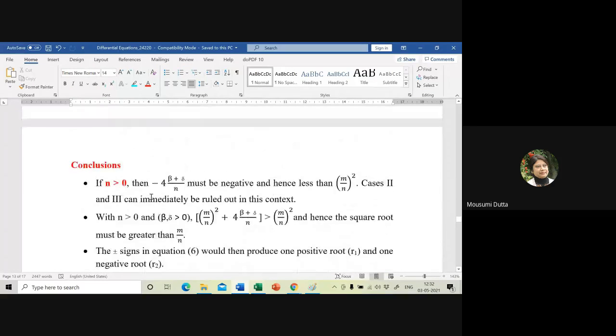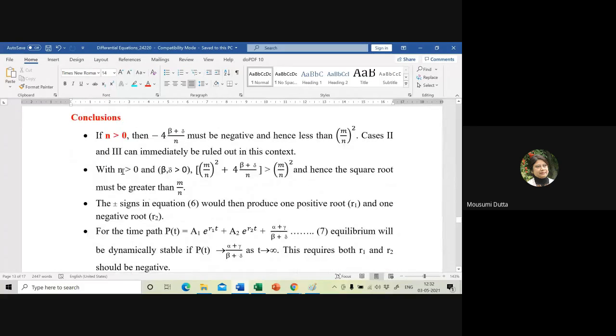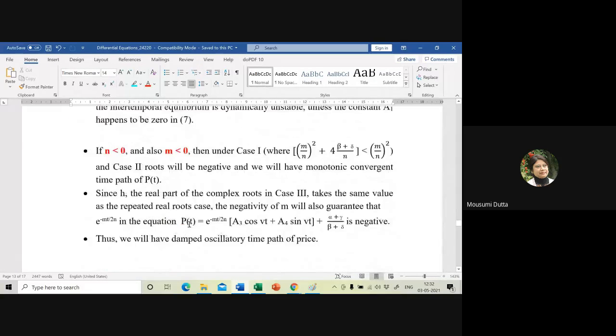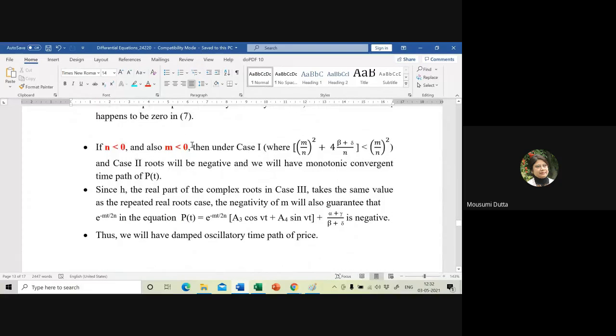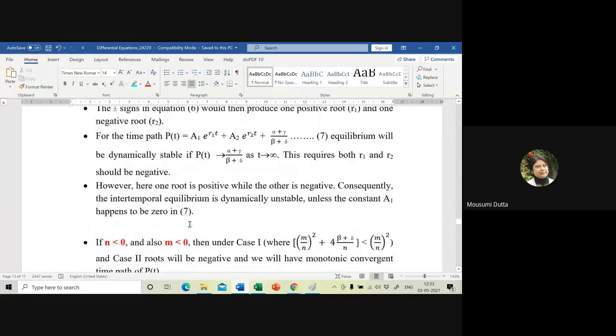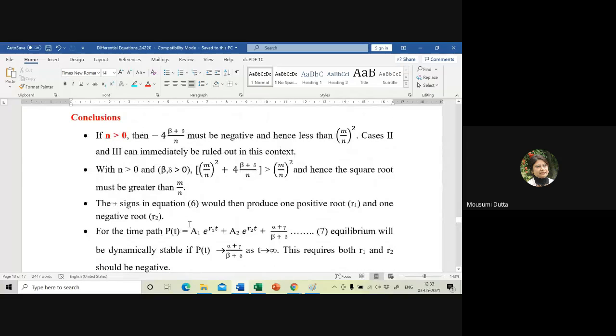You will get several points marked in the conclusion: if n is positive, what is happening; if n is negative, and along with that n is negative, what will happen. I already discussed the matter when I talked about convergence, etc. So no new point is here.